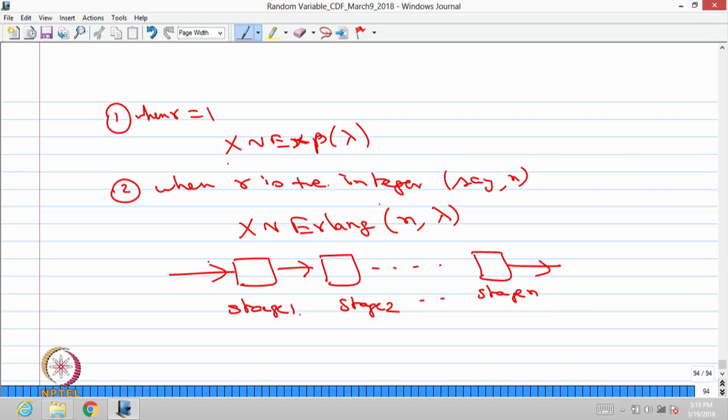Suppose some unit spends time in all the n stages, denoted by x, in which the time spent in stage 1 is x1, in stage 2 is x2, and similarly the time spent in the nth stage is xn, and each one follows an exponential distribution with the parameter lambda, and the times taken in each stage are independent.